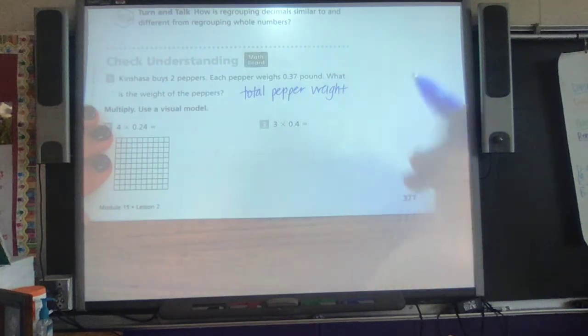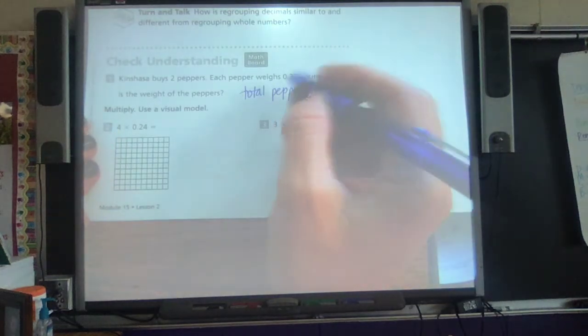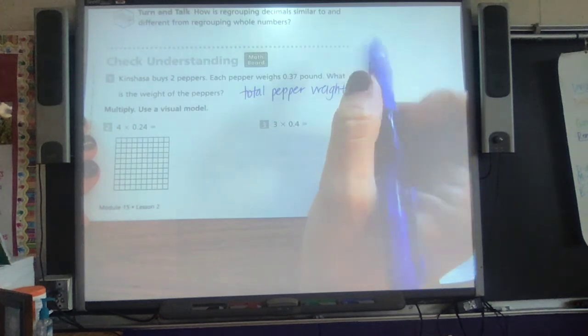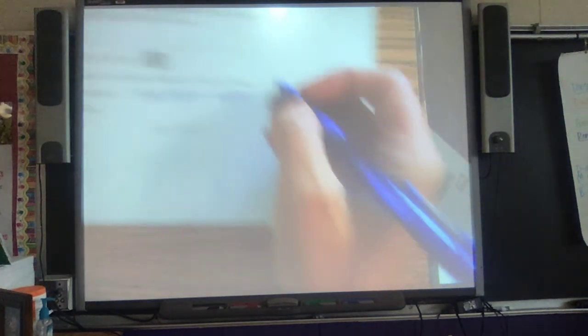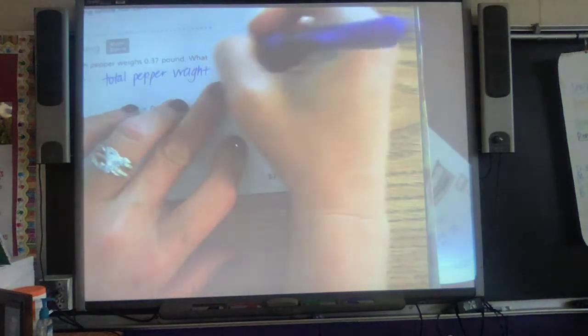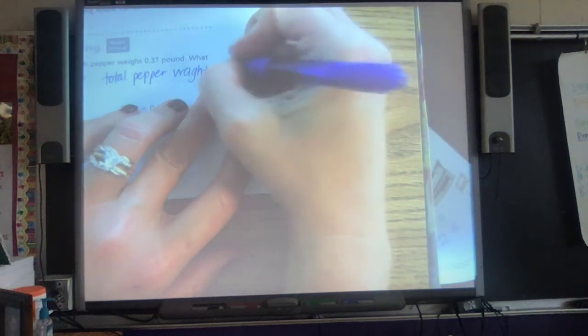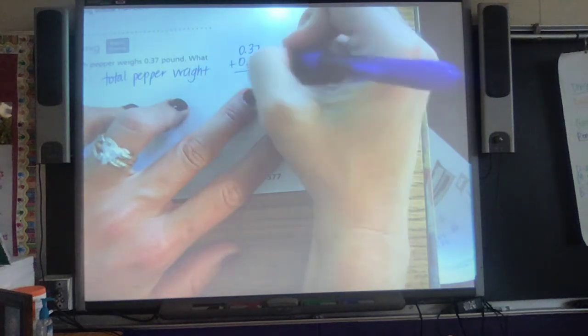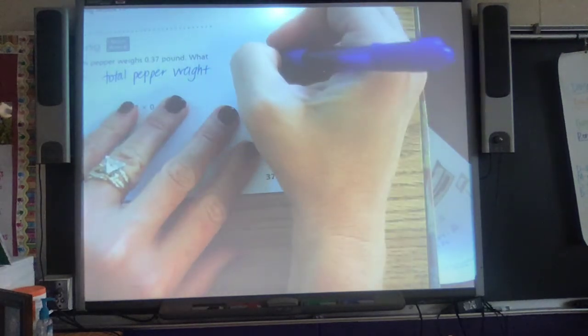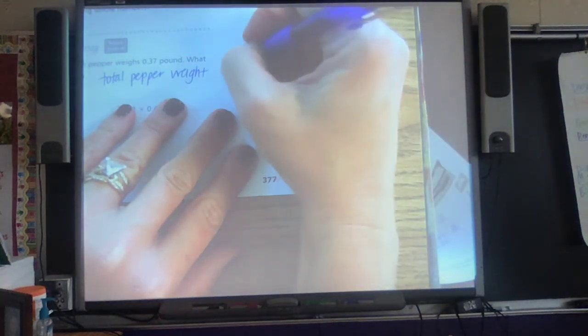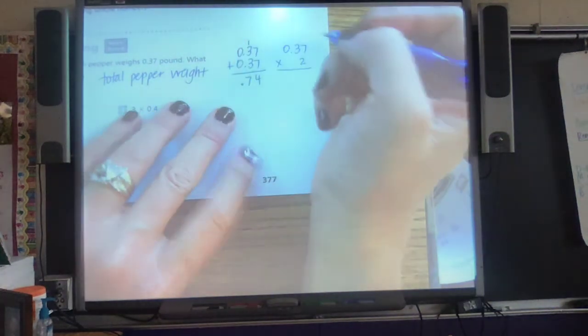Okay, I know that 1 pepper is 37 hundredths. What is the weight of the peppers? She gets 2. So on this one, you could say 37 hundredths plus 37 hundredths, or 37 hundredths times 2. 7 plus 7 is 14. 3, 6, 74 hundredths.